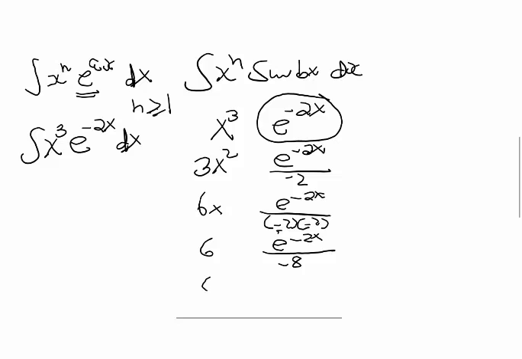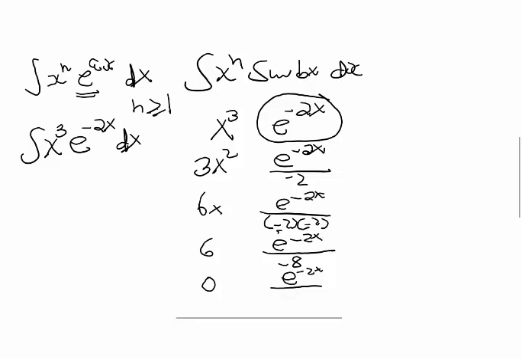Then the derivative of 6 is 0, and that's where we are almost done. So here we have e to the negative 2x, and another negative 2 will come in the denominator because of substitution.